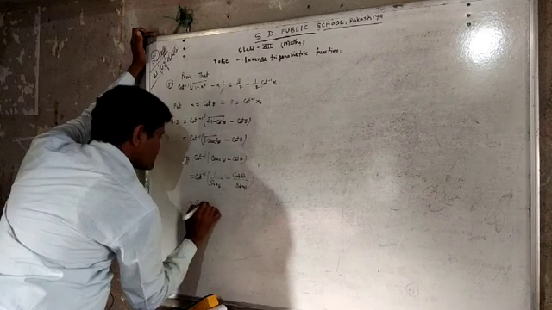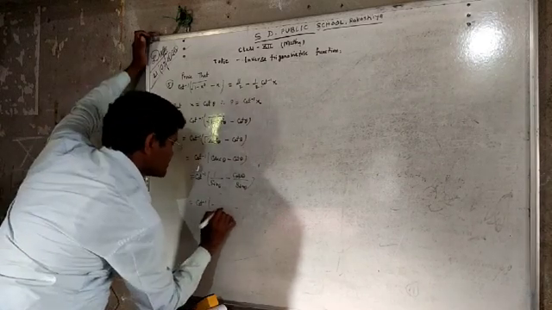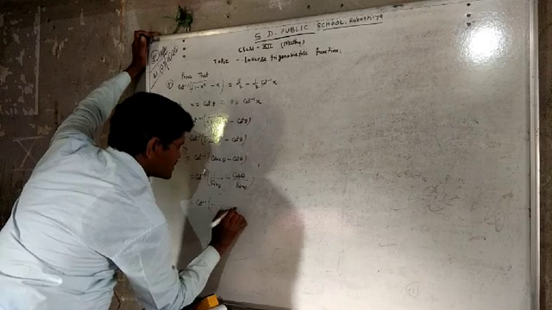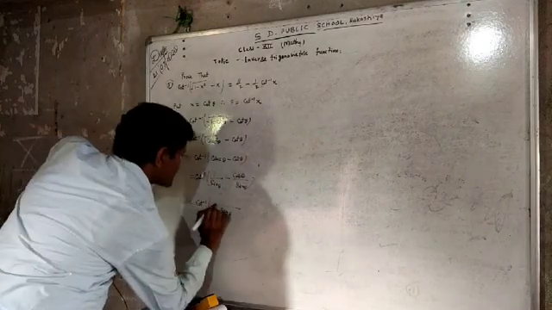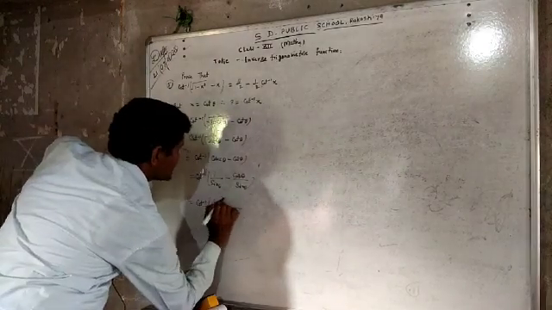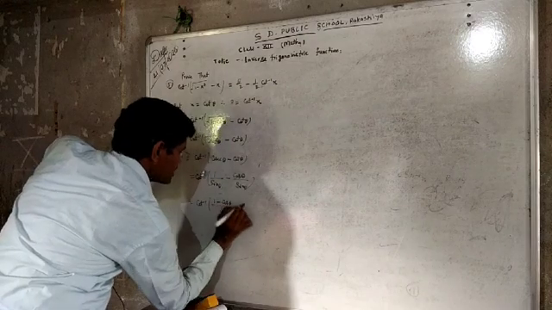It is cot inverse. Its LCM is sin theta, and the numerator can be written as 1 minus cos theta.